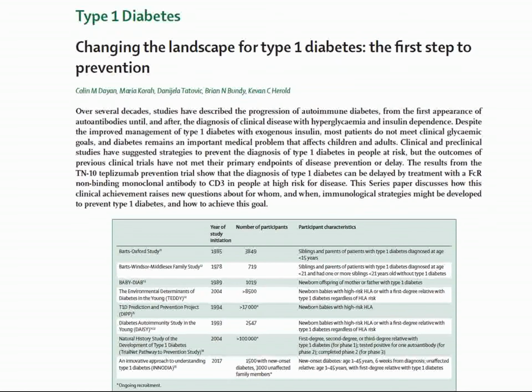Concerns what the authors call changes in the landscape. And the landscape of type 1 diabetes involves type 1 diabetes risk, which is largely immunological, because this is basically an autoimmune disease with antibodies against various constituents of beta cells.